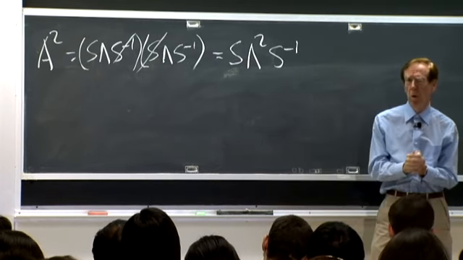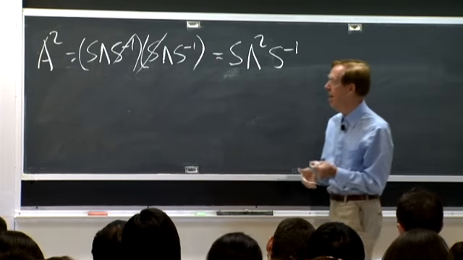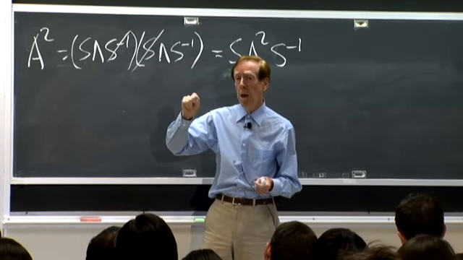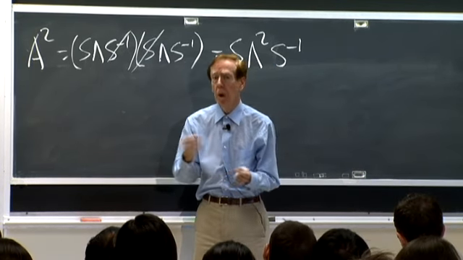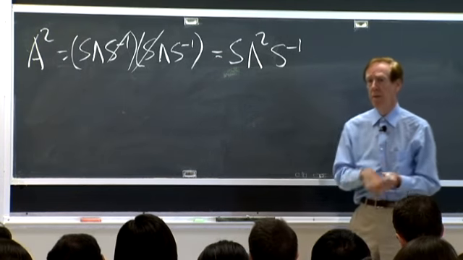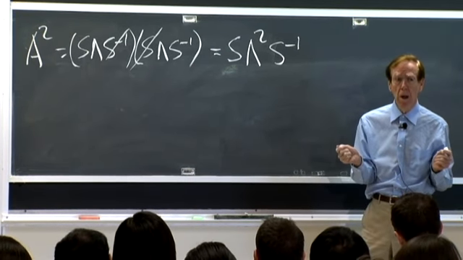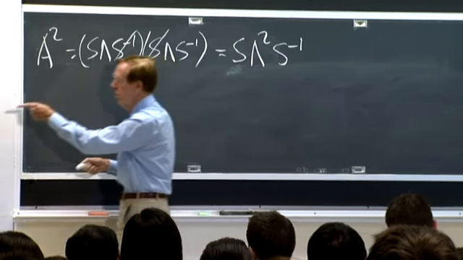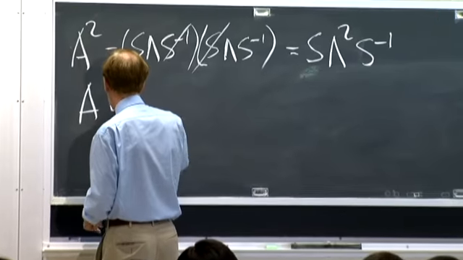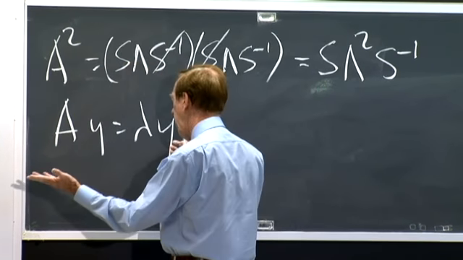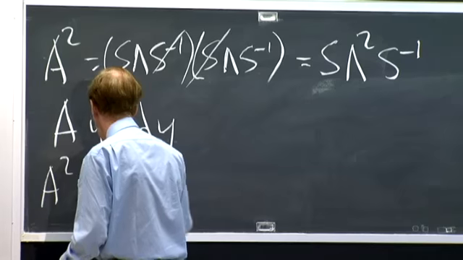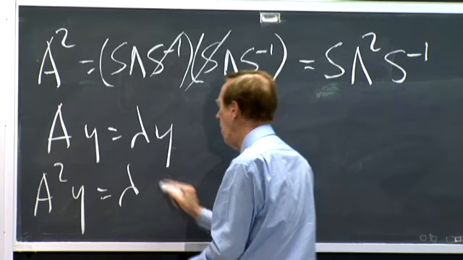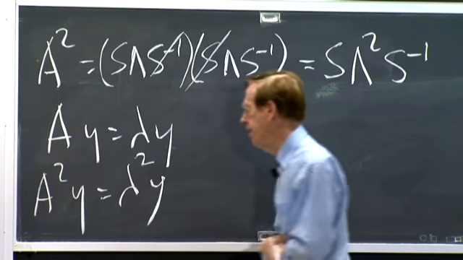What does that tell me in words? That tells me that the eigenvectors of A squared are the same as for A. And it tells me that the eigenvalues of A squared are the squares of those of A. So I could do this one at a time: A y equals lambda y, multiply again by A, A squared y is lambda A y, but A y is lambda y, so I'm up to lambda squared y.